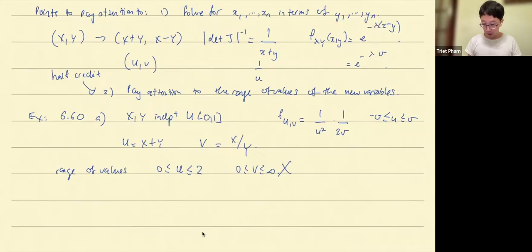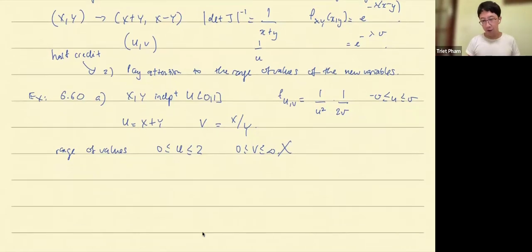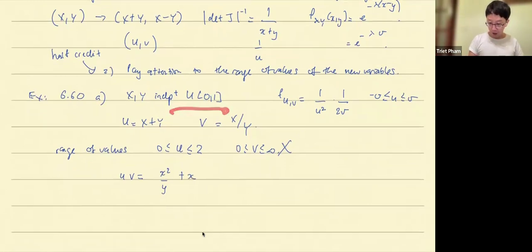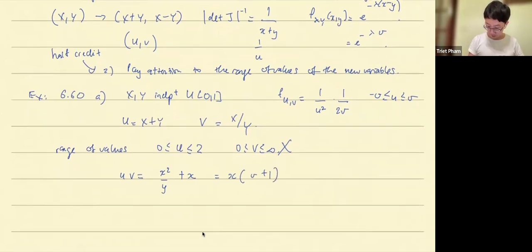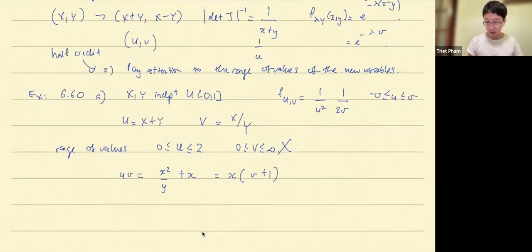Basically, here you have to solve for X and Y in terms of U and V. Looks a bit painful, but if you play around a little bit, you see that U times V will be X squared over Y plus X, which is X times X over Y plus 1, which is V plus 1. So X is UV over V plus 1.